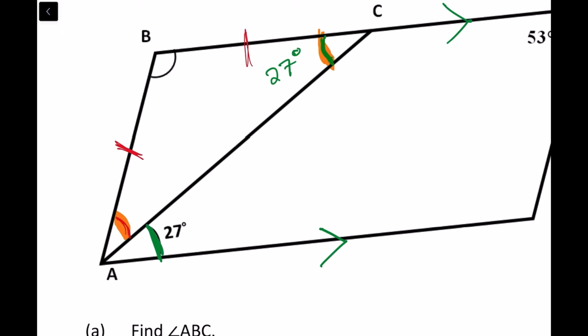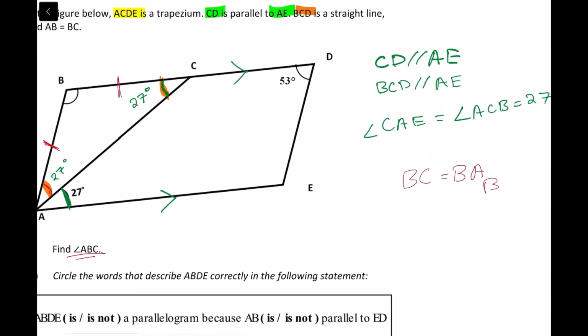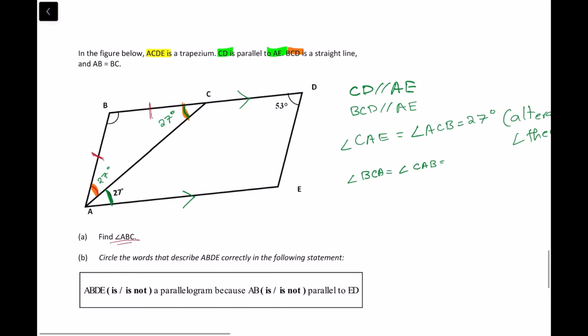So in this case it would be 27 degrees. So we have angle BCA equal to angle CAB, which is again 27 degrees.